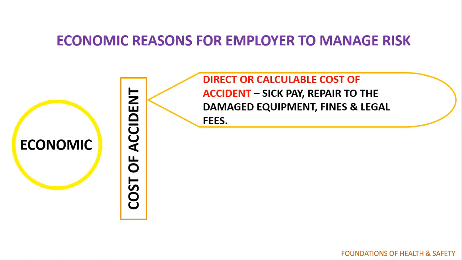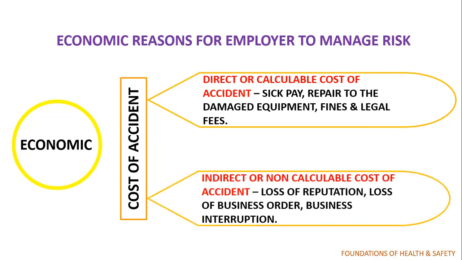So it can be sick pay, repair to the damaged equipment, fines, and legal fees. So this is the calculable cost, or we can say the direct cost of the accident, which is generally insured. To avoid all this, the employer should manage the risk.